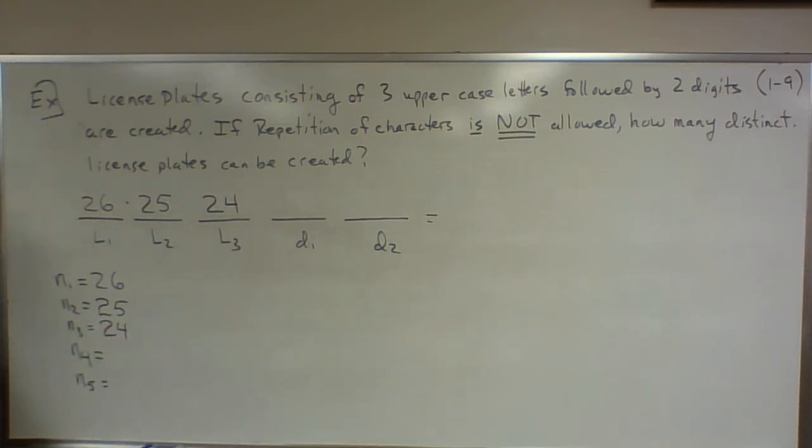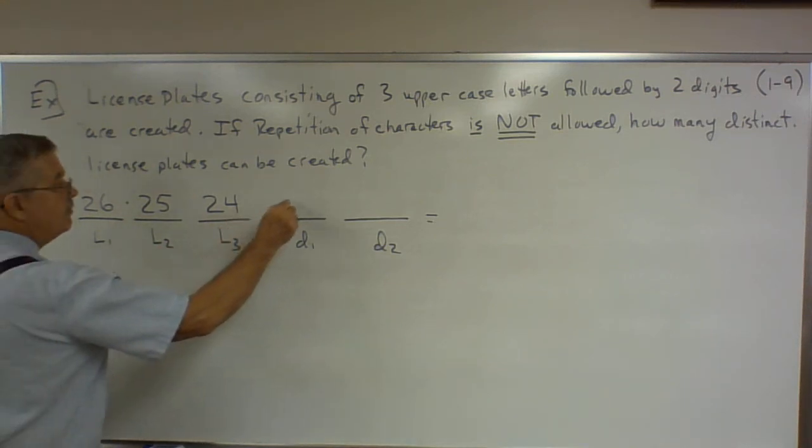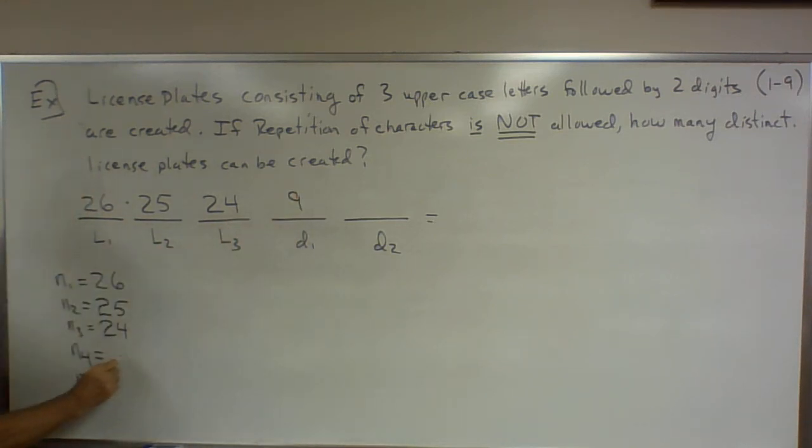Now we go to the digits, the fourth stage of the experiment. We have 9 digits to select from. So N sub 4, the selection of the first digit, is 9. But what about the second digit?